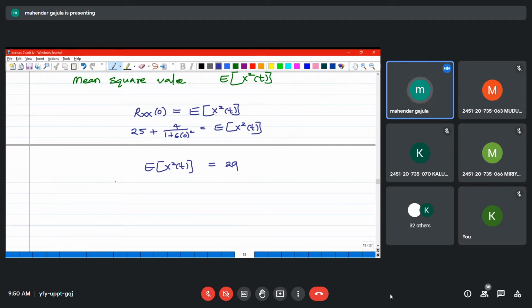And finally, we have to find the variance. So variance of xt: how do we write it? It is the mean square value, expectation of x square t, minus the square of the mean.